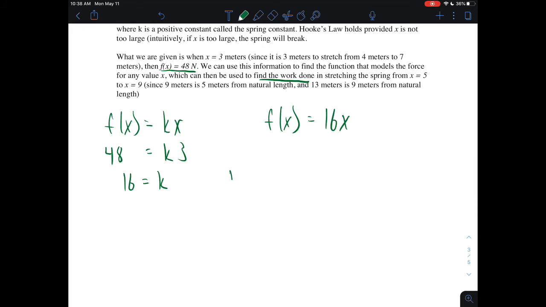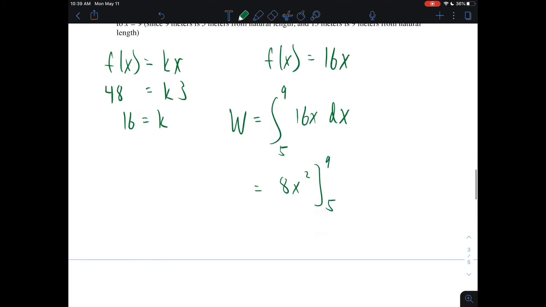So our work is just the integral from x equal 5 to x equal 9 of our function f of x, which is 16x, and then we are integrating with respect to x. So the antiderivative of 16x will be 8x squared, and then I'm going to be evaluating at 9 and then 5.